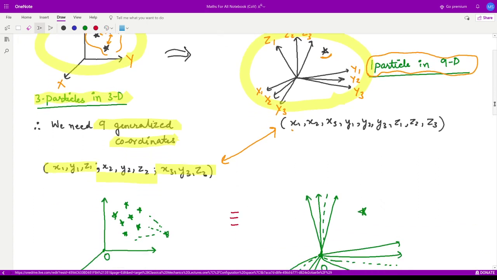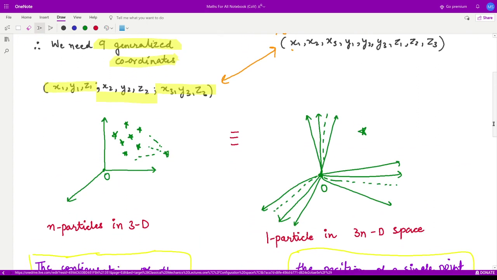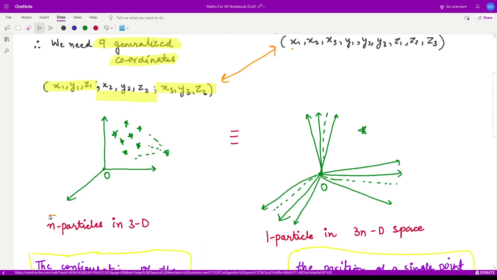So this will make more sense when you have n particles. Suppose you have n particles in 3 dimensions, right? Now what you do is you replace these n particles with a single particle, but you now take multiple x's to make your coordinate system go from 3 dimensions to a 3n dimensional space.